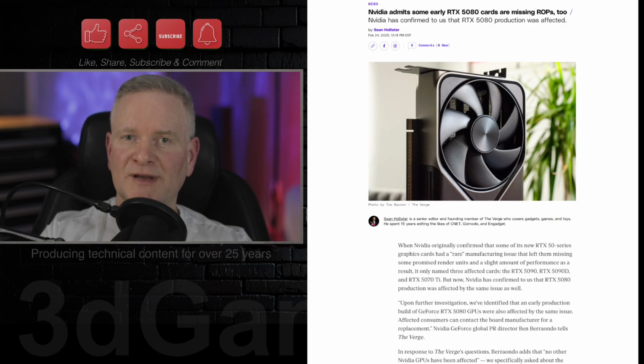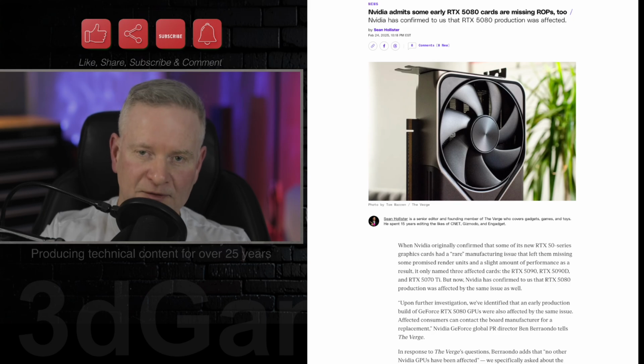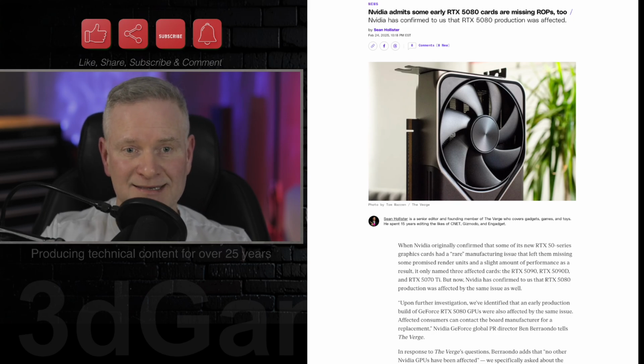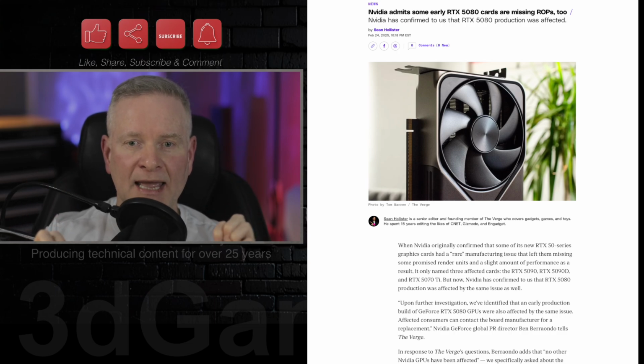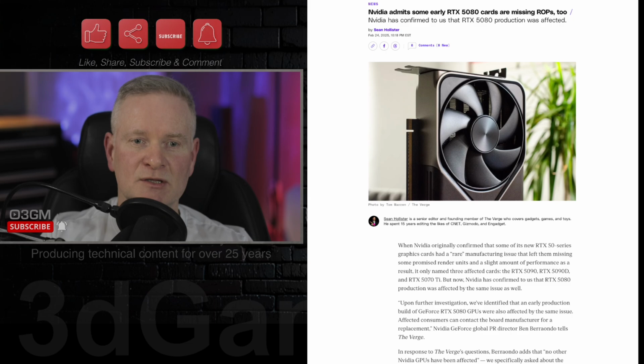NVIDIA has said that it only affects 0.5% of the 50 series GPUs, and the performance impact is negligible at 4% for graphics workloads, which would be games, and apparently it has no effect on AI. NVIDIA also mentions that this is a manufacturing anomaly and has been fixed in current production. So that is a good thing.